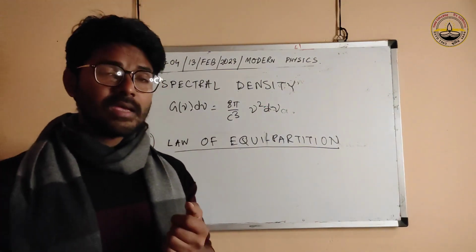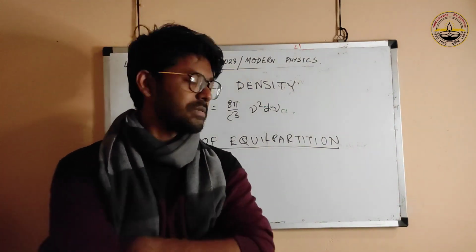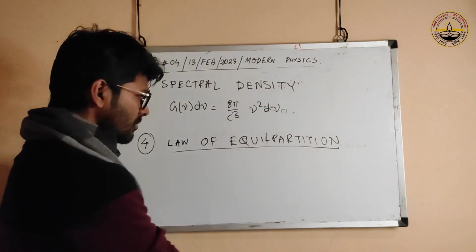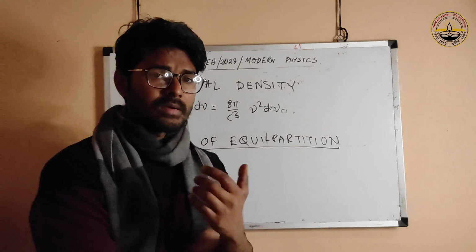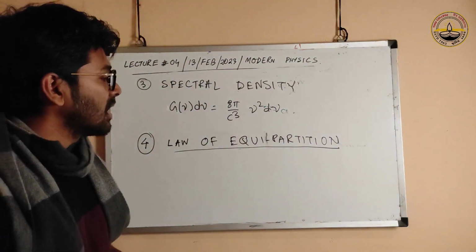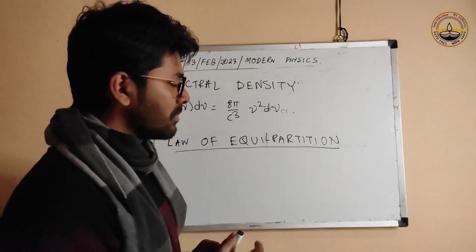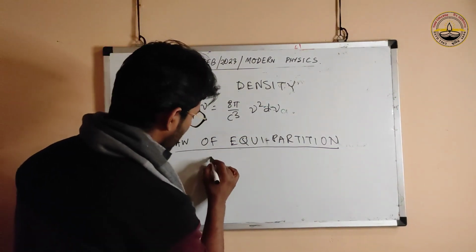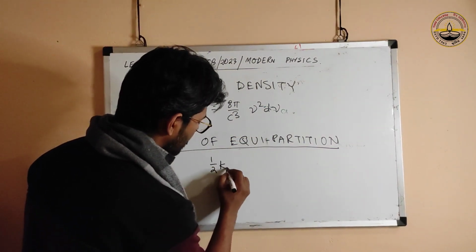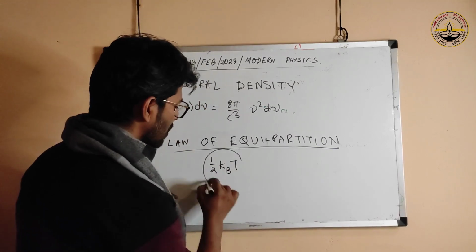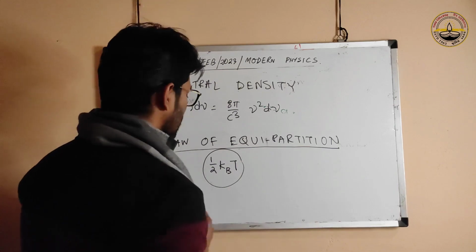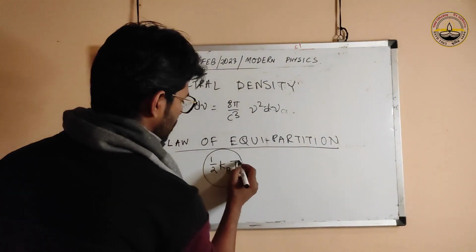In fact, I explained this in the last part of our semester, that according to classical mechanics, every degree of freedom gets half kBT amount of energy. kB is the Boltzmann constant, T is the temperature.